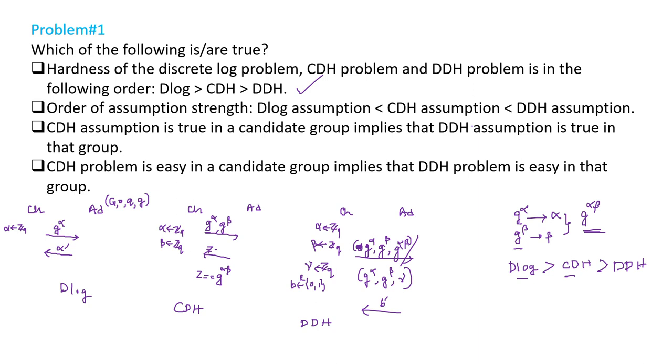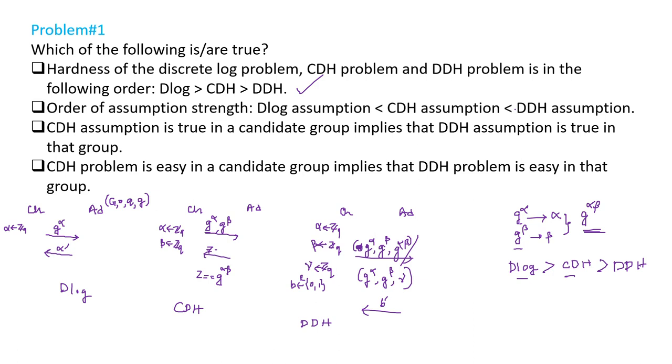Why? When we say that we are building a crypto system upon a stronger assumption, that means you are assuming that an easy problem is hard to solve. So when we say that we are building a system on the DDH assumption, that means we assume that the DDH problem is hard to solve.